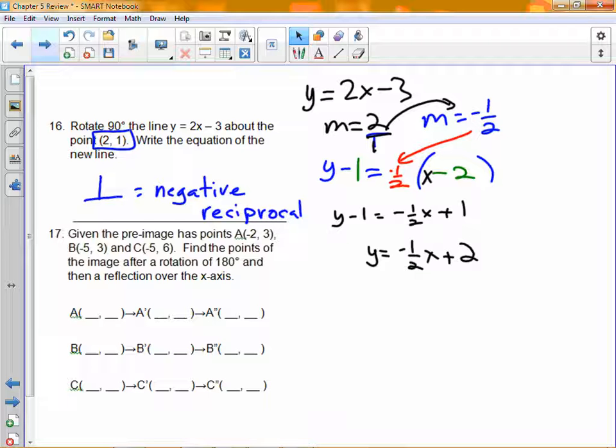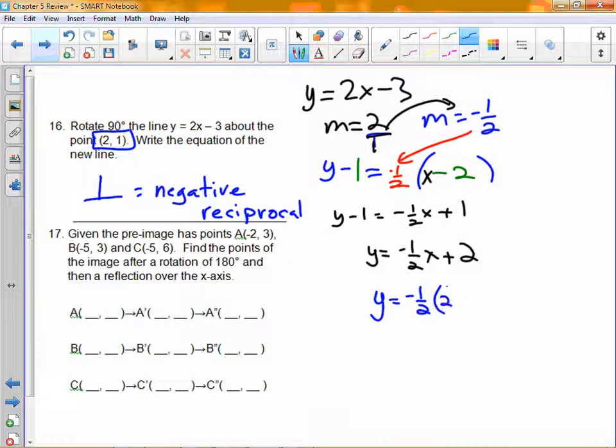Guys, if this is your new equation right here, then this point should work when you plug it in there. So when I take the point 2, 1 and plug it in, y equals -1/2 times 2. That's what that means. And then plus 2 gives you -1 plus 2 is 1.